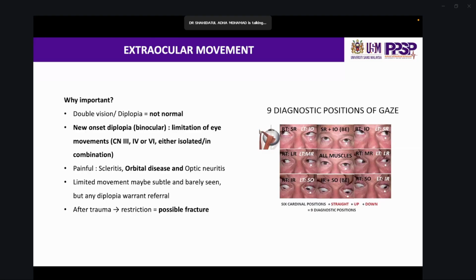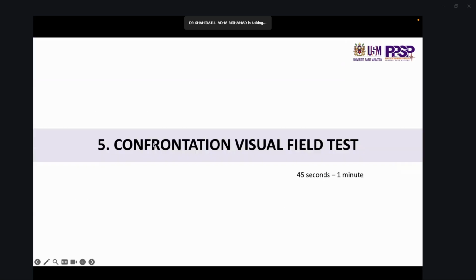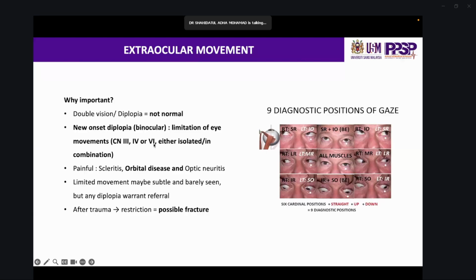So if a patient denies any diplopia, but one eye is actually at hand movement, counting fingers or PL, that explains why the patient doesn't have diplopia even though there is EOM restriction. A new onset diplopia is usually due to limitation of eye movement, from the third, fourth, or sixth nerve innervation, either isolated or in combination.